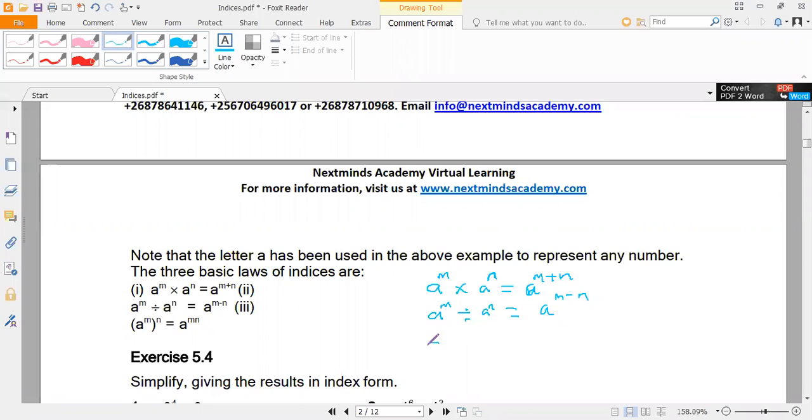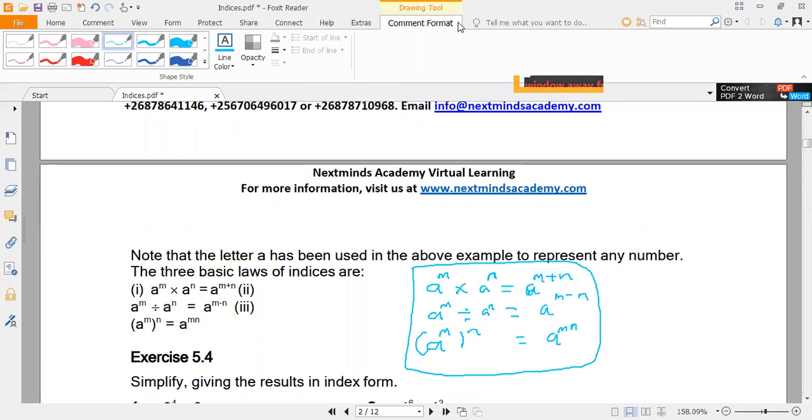And the power law, which says keep the base and multiply the powers. So these 3 are what we call the basic laws of indices.